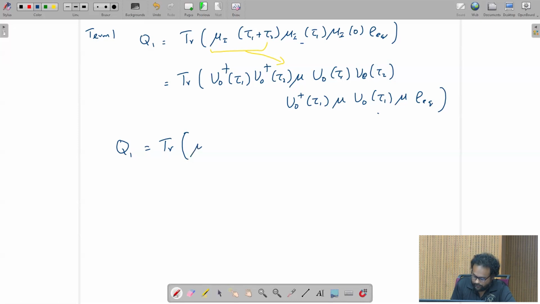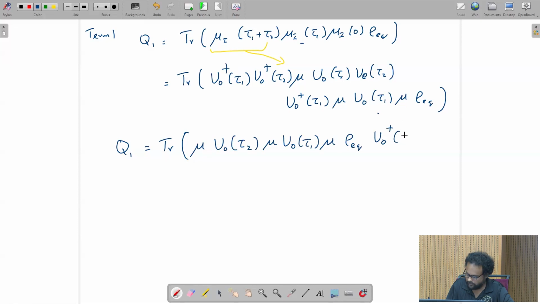So this will be mu, U naught of tau 2, mu, U naught of tau 1, mu, rho equilibrium, U naught dagger of tau 1, U naught dagger of tau 2. Looks cumbersome, but there is some elegance in this.